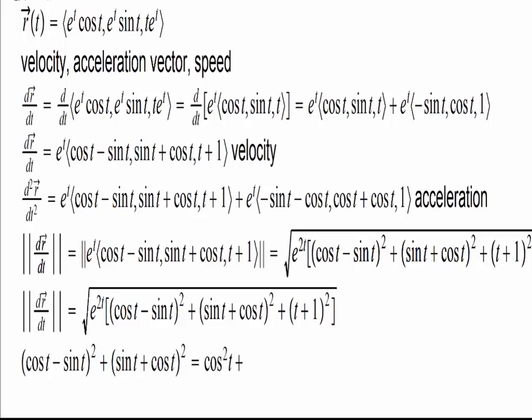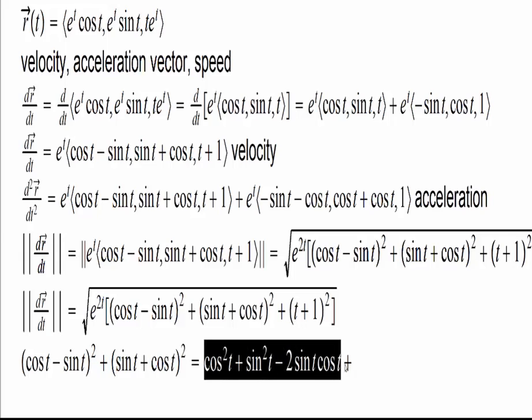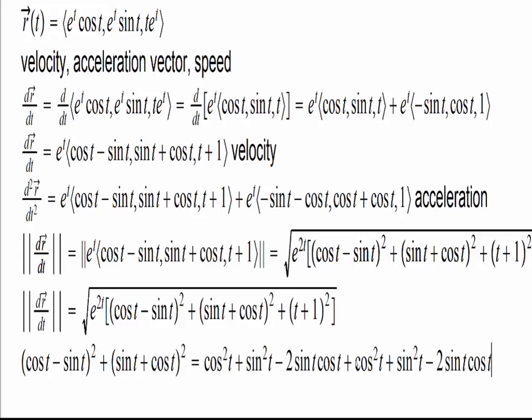So we got cosine square t, then we got the sine square t, and then we have minus 2 sine t cosine t. That's what we get as a result of foiling. And when we FOIL the other one, everything would be the same except that the product term will change to plus.